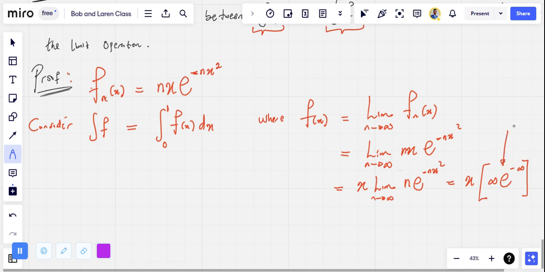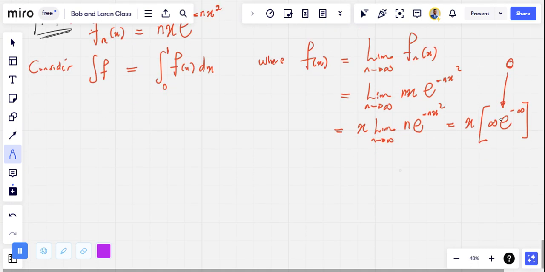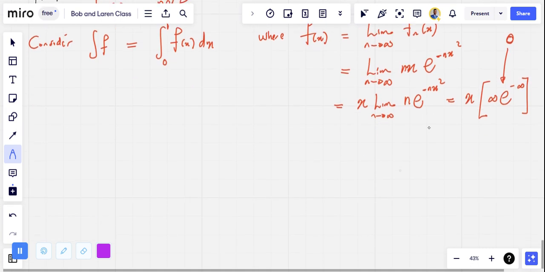All this expression here ends up giving us 0. Take note of that. Infinity squared is infinity times n, that is infinity. So it's as if I'm having infinity times 1 over e raised to the power of infinity.